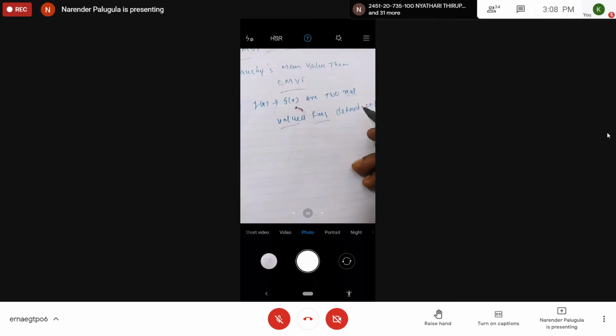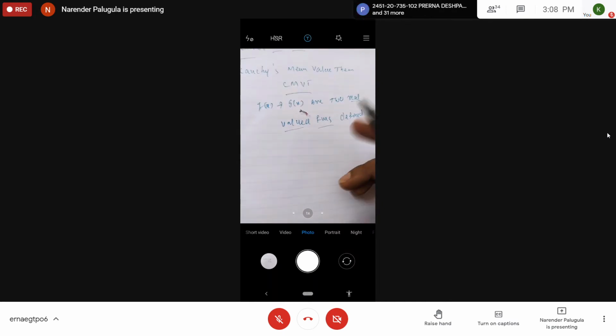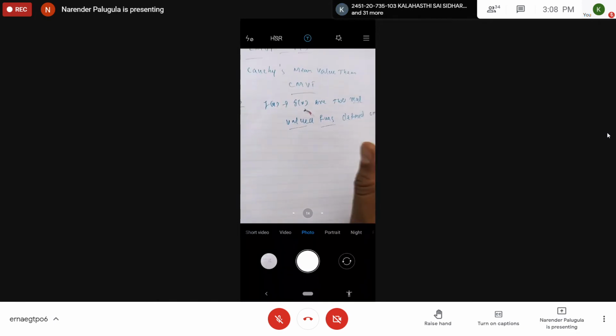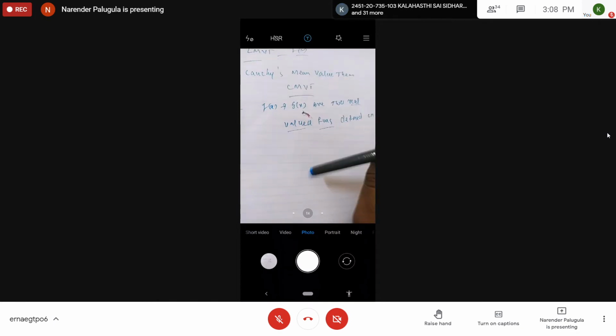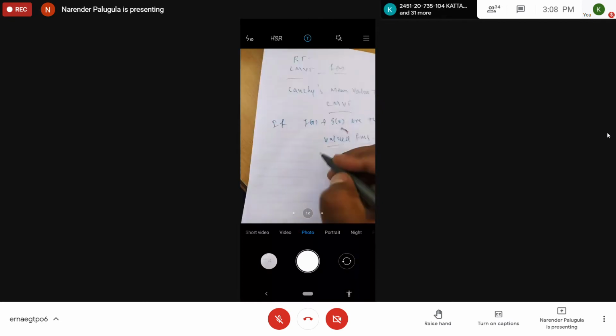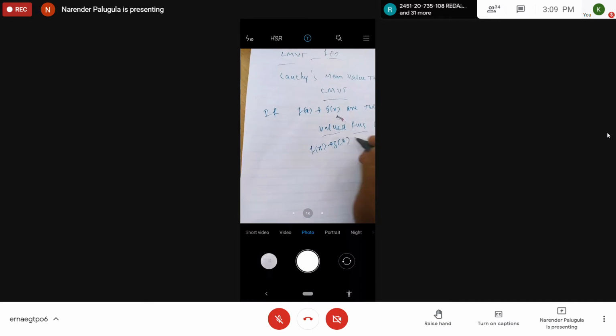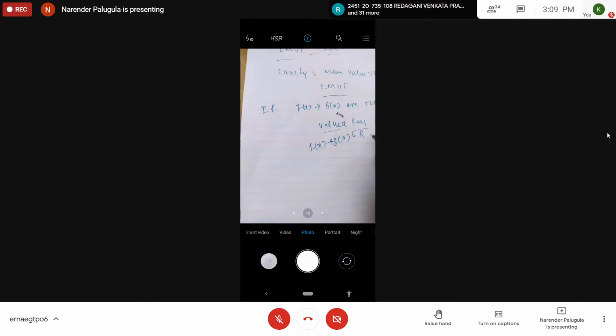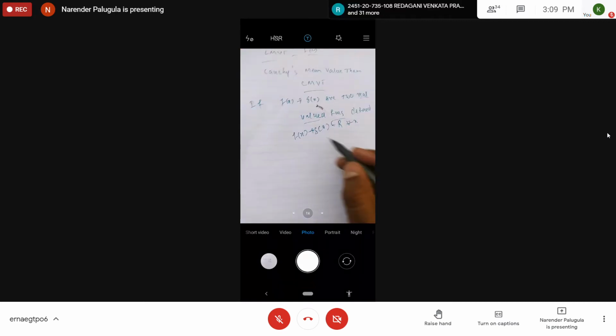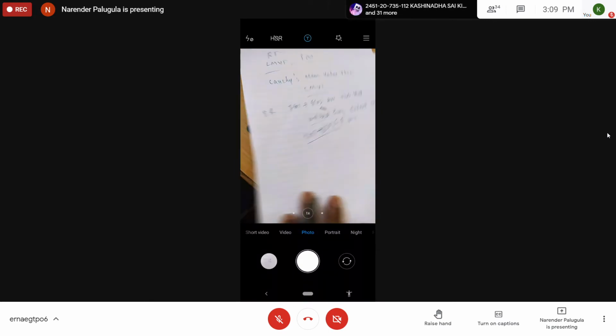Real valued functions means the range of the function belongs to the real number system, whether your input may be complex or whatever it is. f of x and g of x both belong to the real number system for all x. This is the meaning of real valued function.